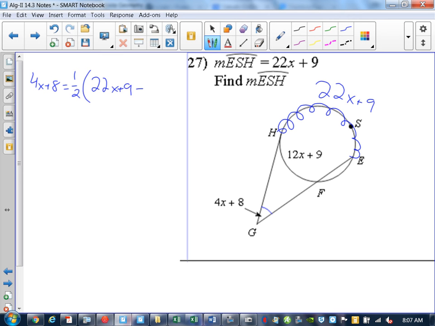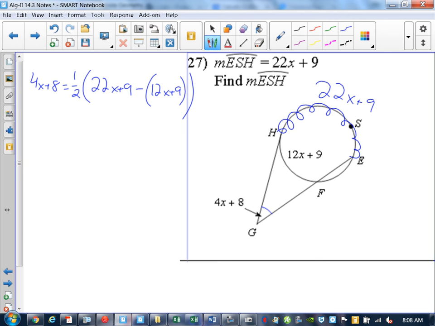And what's the close? Notice how I put my close in parentheses because there's two parts to it. The reason that I needed to do that was because I have to distribute my negative to both pieces. If I don't do that, I'm going to be wrong. Plain and simple here. So is it okay if I just double the other side right away to get rid of the fraction?